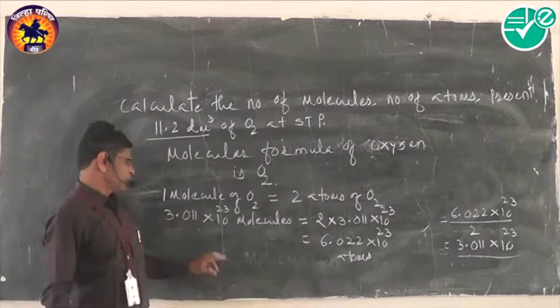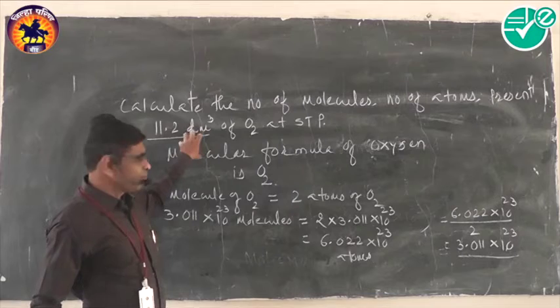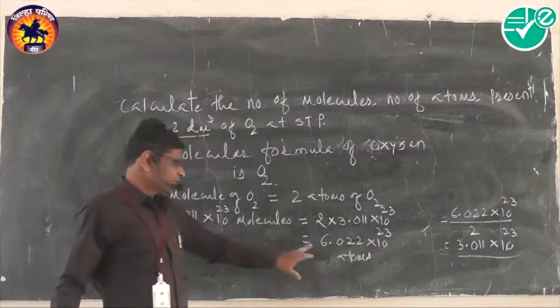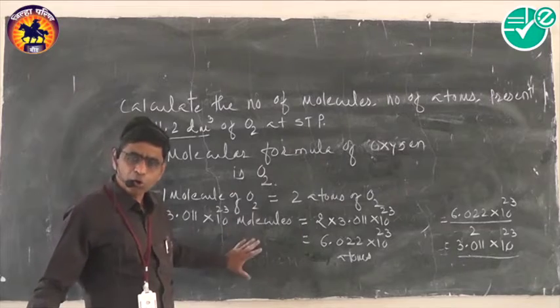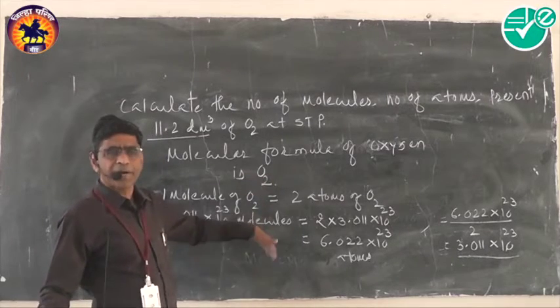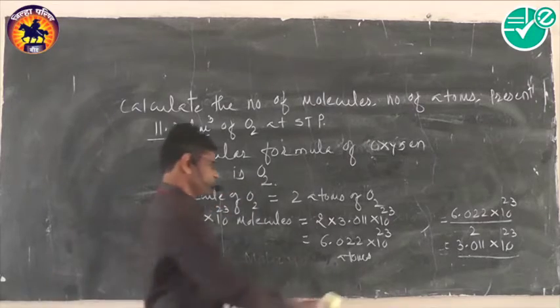And thus remember, number of atoms present in 11.2 decimeter cube of oxygen is equal to the Avogadro's number, that is 6.022 × 10^23. These are the number of atoms present in 11.2 decimeter cube of oxygen.